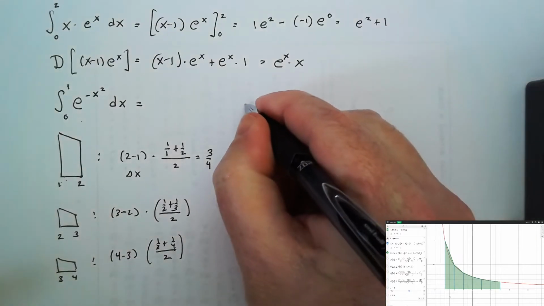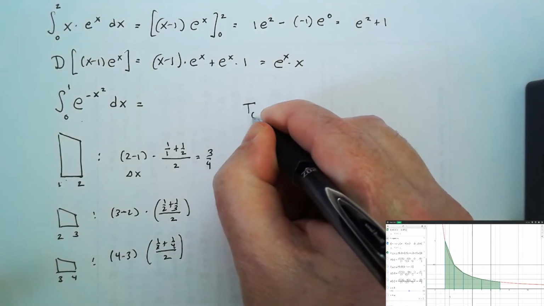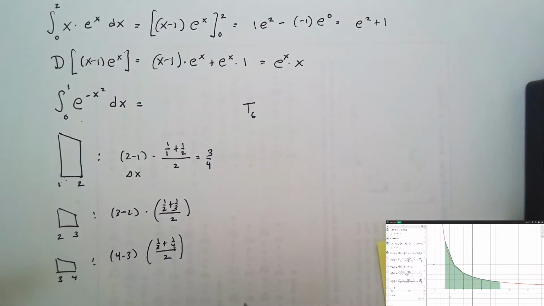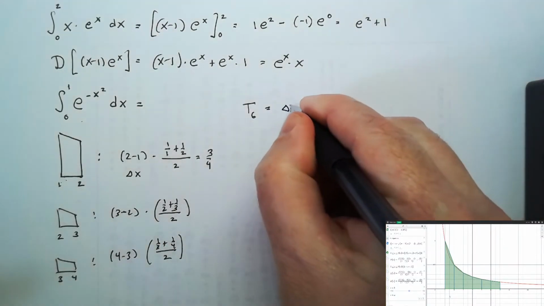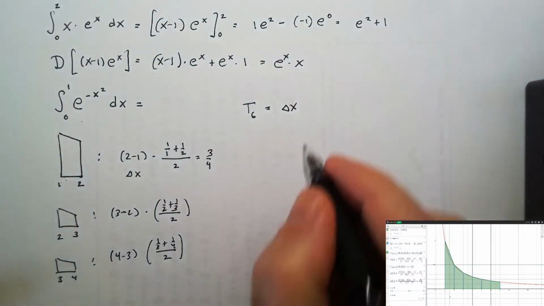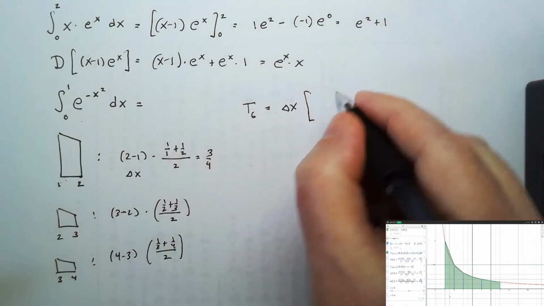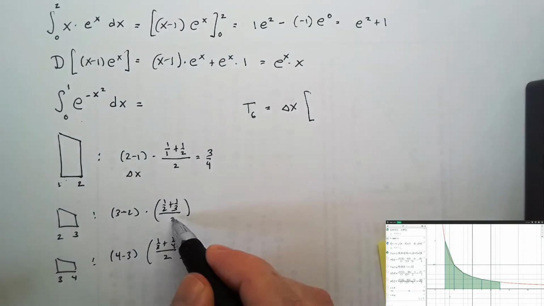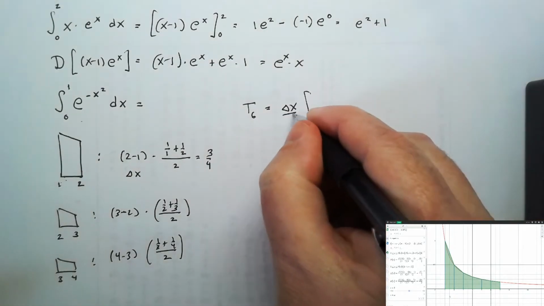If we want to find this trapezoidal sum, let's call it T6 because there will be 6 trapezoids. Well, in each case I'll have a delta x, which happens to be 1 for our integral here, times, well, in each case I also have a 2 in the denominator, so let me factor that out.